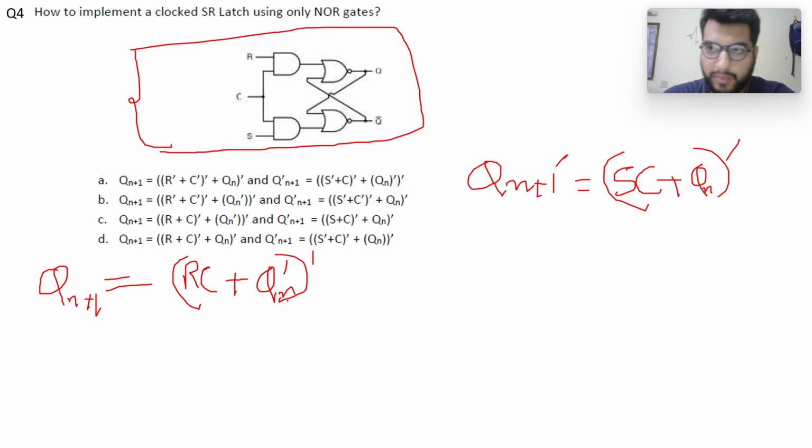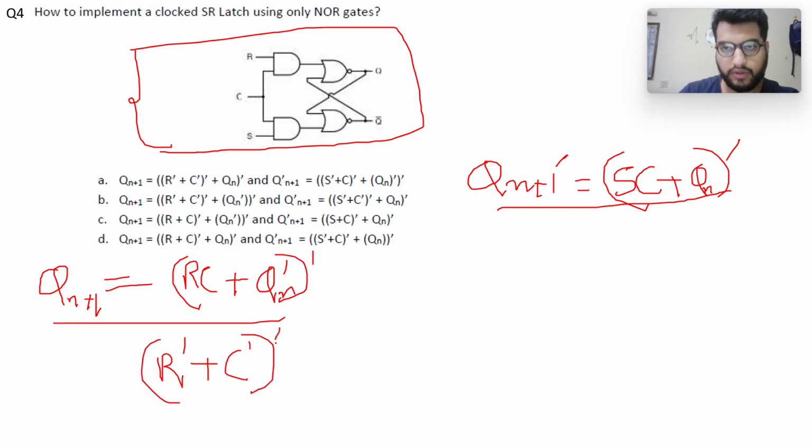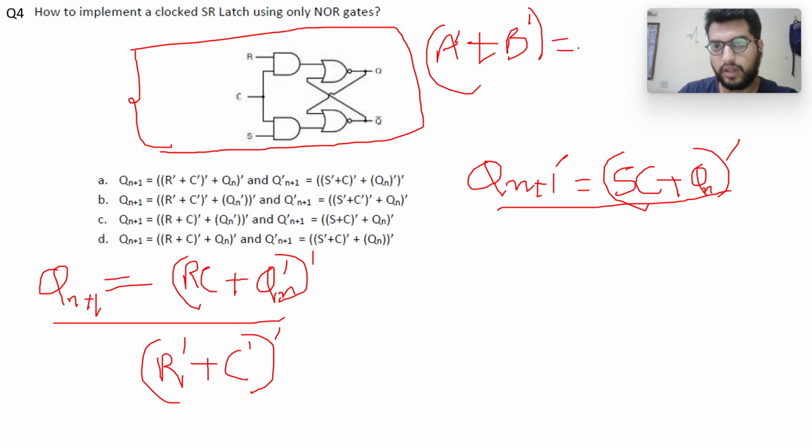Now we have to implement this boolean expression simply using NOR gates only. We have to break it into OR gates first. RC can be written using NOR gates as R complement plus C complement, then whole complement. We know that A complement plus B complement whole complement is equal to A complement B complement whole complement, which is equal to AB.